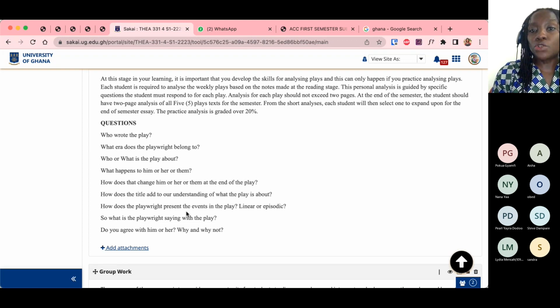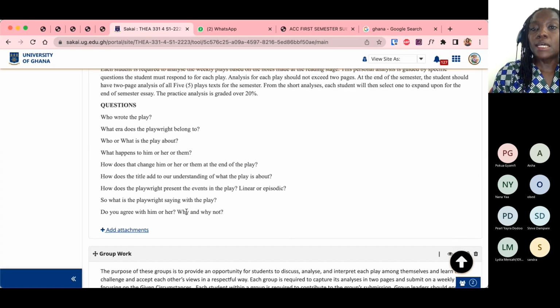Analysis for each play should not exceed 2 pages. At the end of the semester, the student should have a 2-page analysis of all 5 play texts for the semester. From the short analyses, each student will then select one to expand upon for the end of semester essay. The practice analysis is graded over 20%, like I highlighted under the assessment.